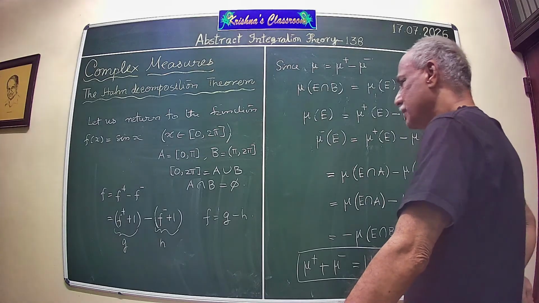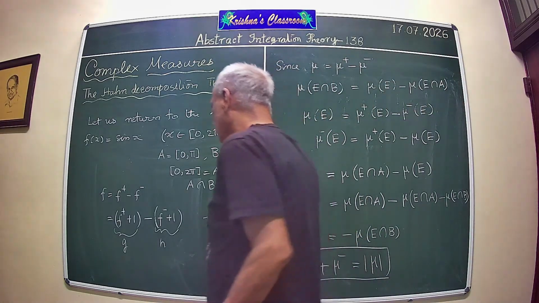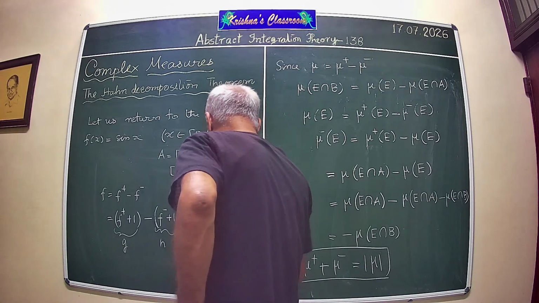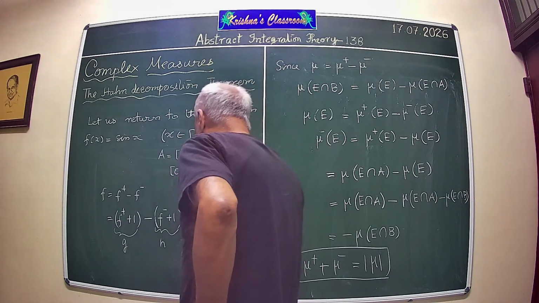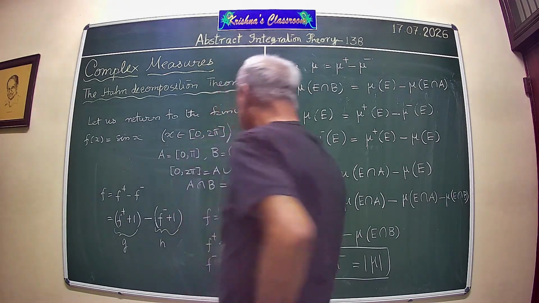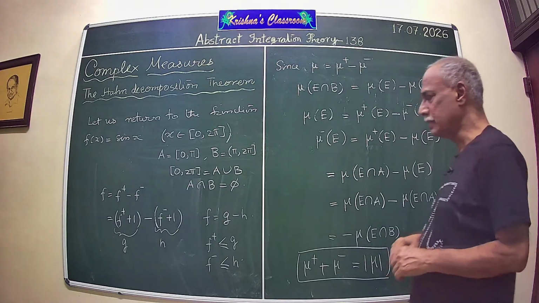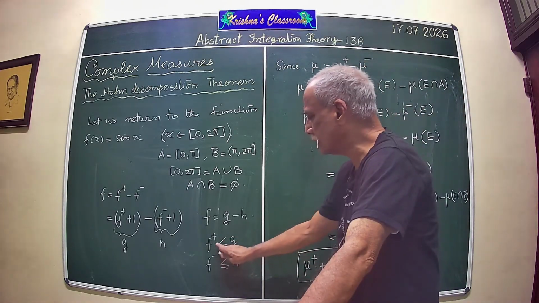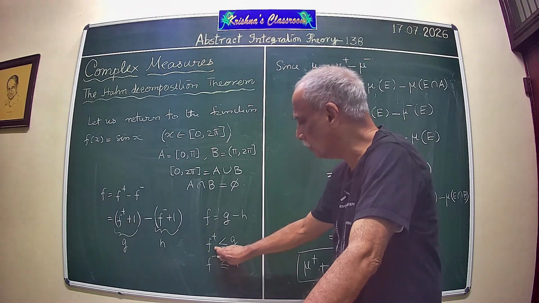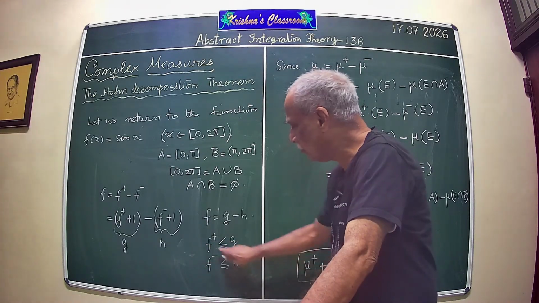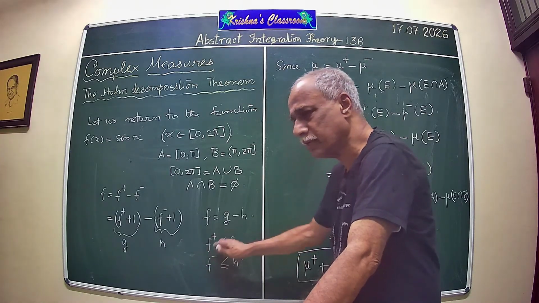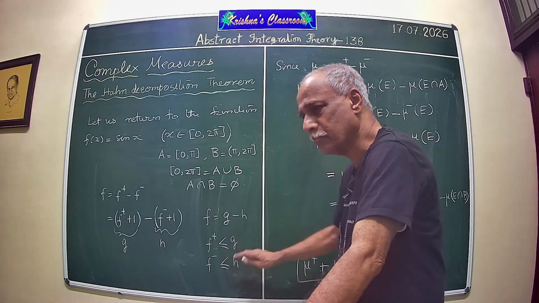But what you have is the following is true, that F plus is less than or equal to G and F minus is less than or equal to H. So this is probably the optimal in the sense that no function which is less than F plus and F minus would give you the particular breakup that you have.